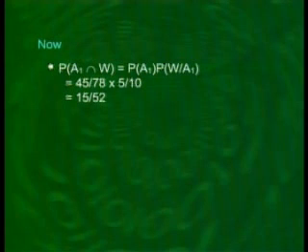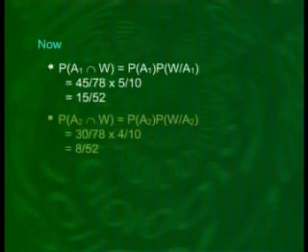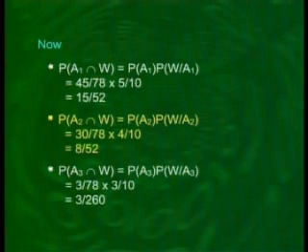Substituting the values 45/78 and 5/10 in this formula, probability of A1 intersection W comes out to be 15/52. In a similar way, probability of A2 intersection W comes out to be 8/52, and the probability of A3 intersection W comes out to be 3/260.